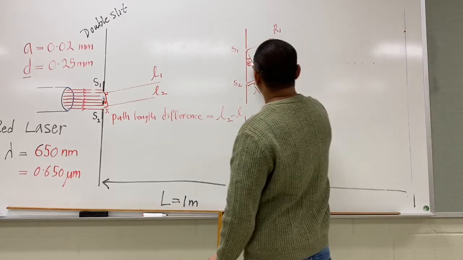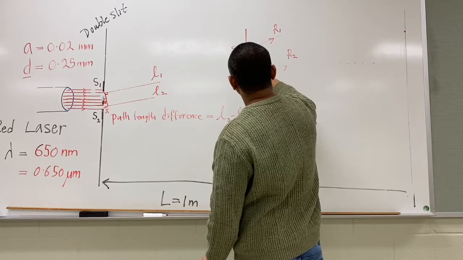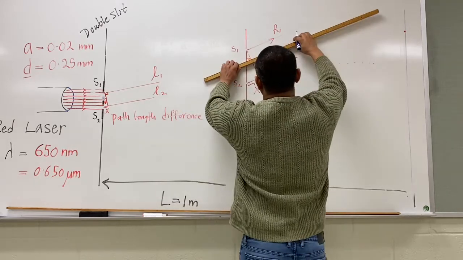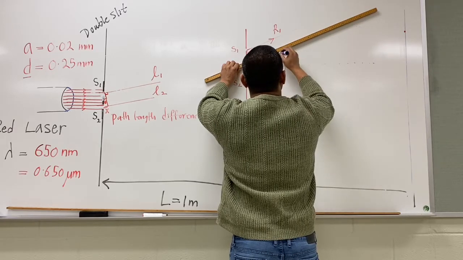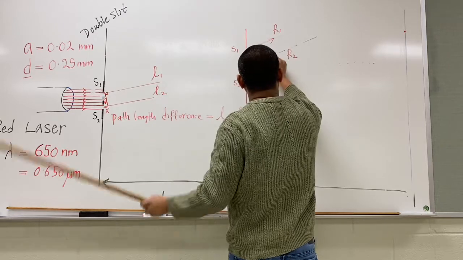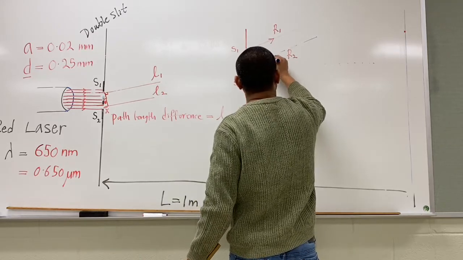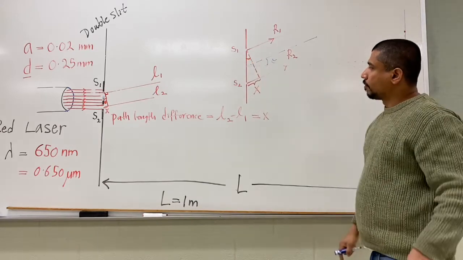So let's take this angle. I'm going to draw another line parallel to these two rays. Now this angle is also theta. This angle is also theta, theta and theta.